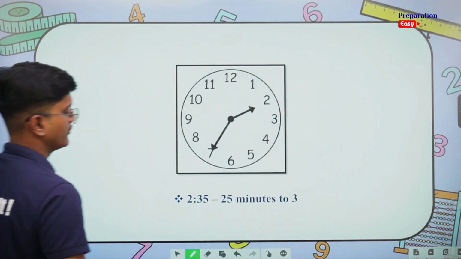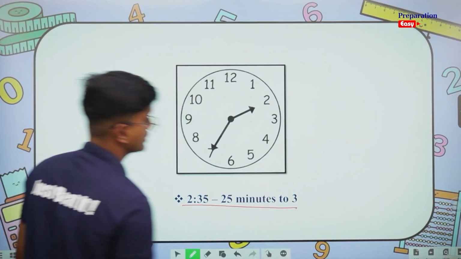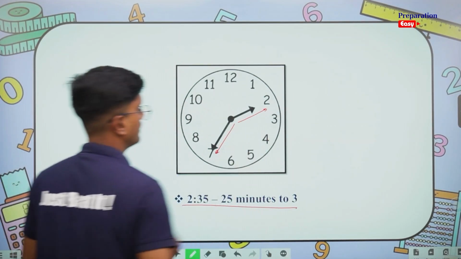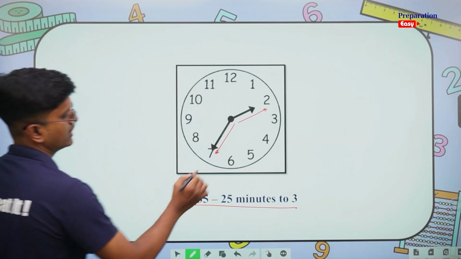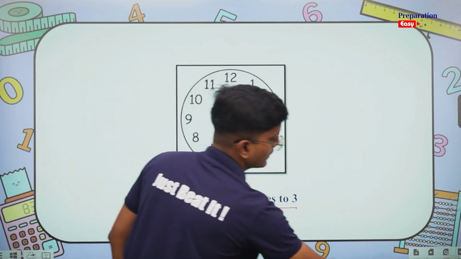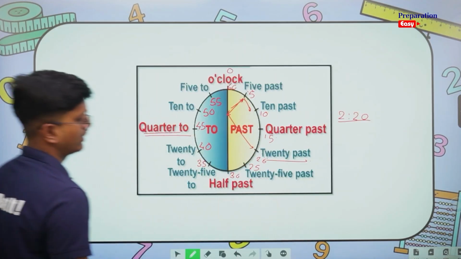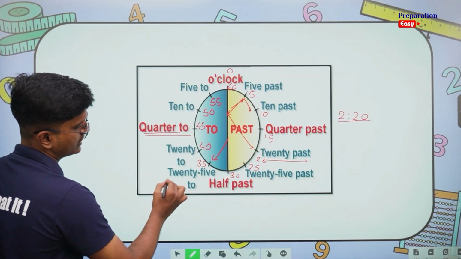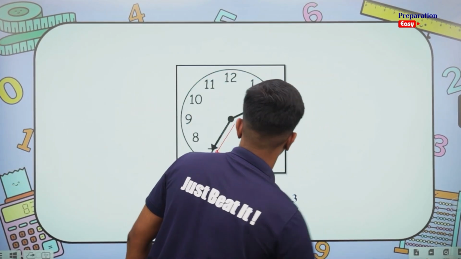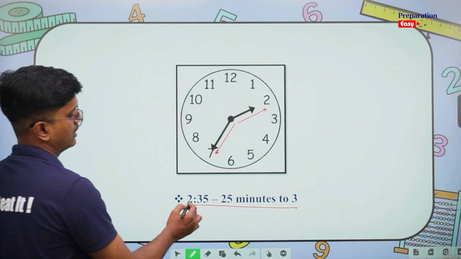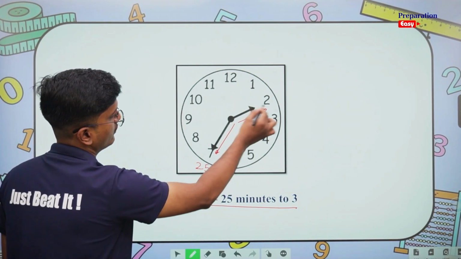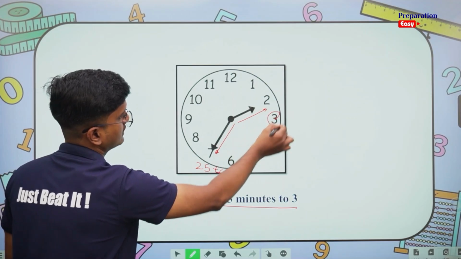Let's move further. So we have 2:35, right? Our hour hand is on 2 and our minute hand is on 35. How will we read it? Let's check in our diagram. Our hand is over here right now. So it's 25 to how much? 25 to, which is the next one? 25 to 3, right?